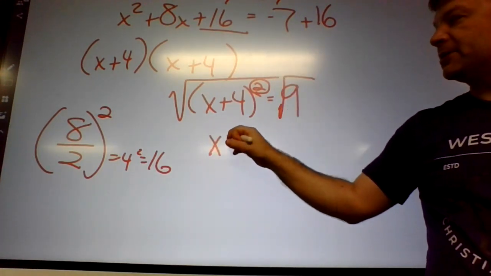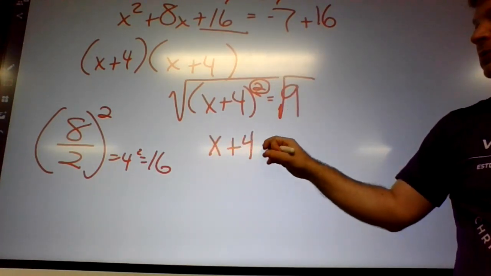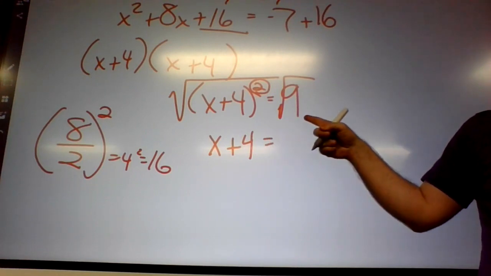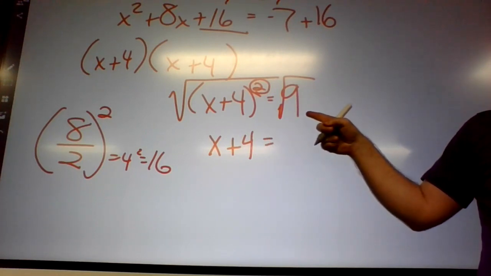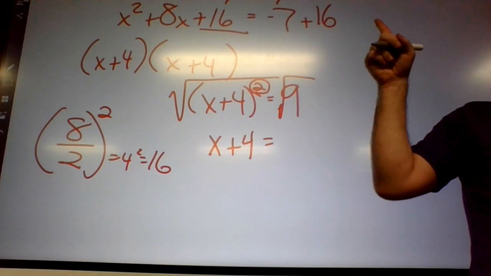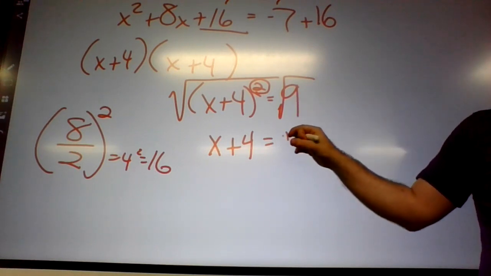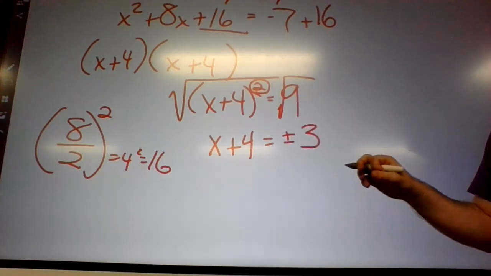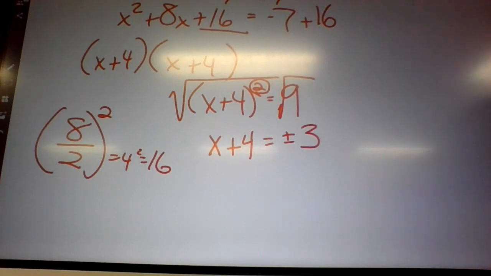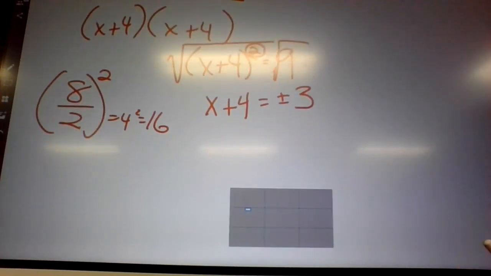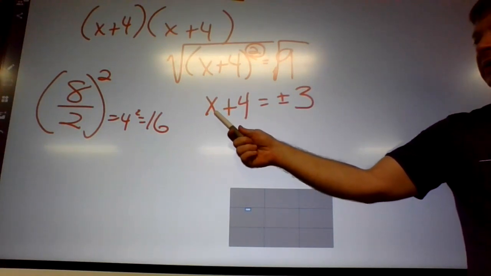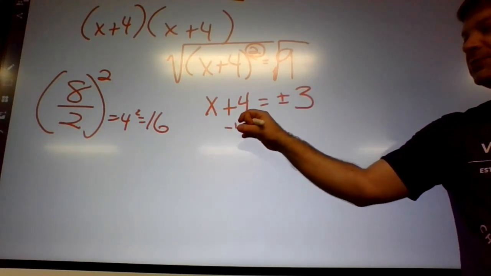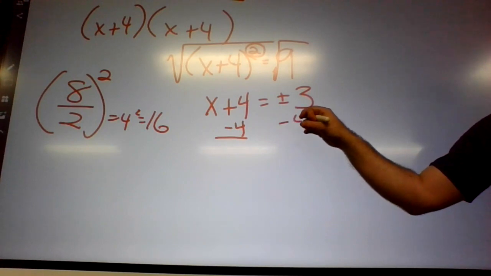And we get x plus 4 equals what? Not just 3, plus or minus 3. Anytime you use a square root trick, you gotta do plus or minus. And then, to finish this, we would get x by itself, we would subtract 4.